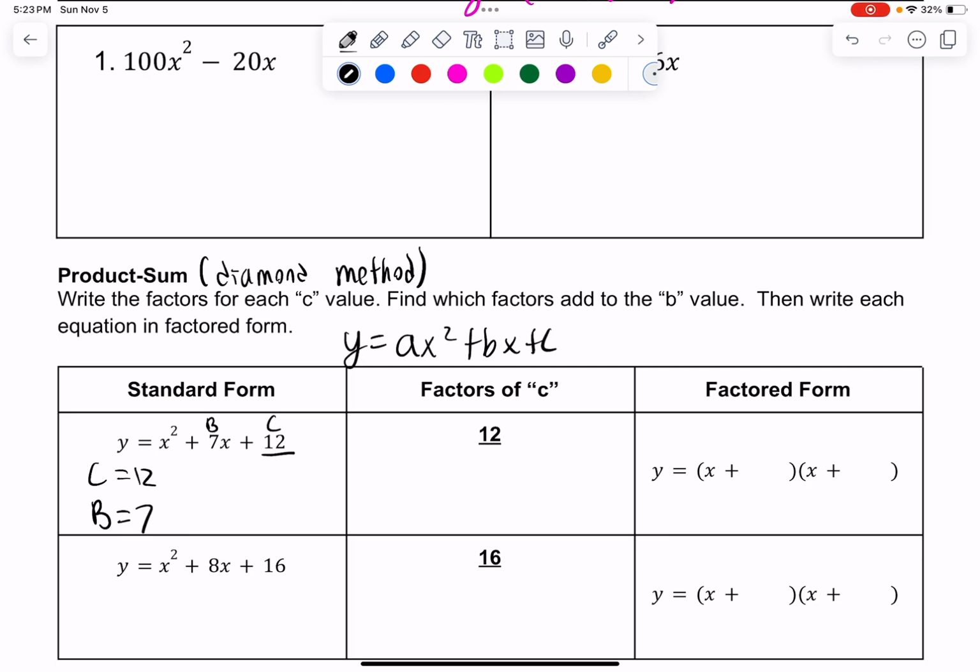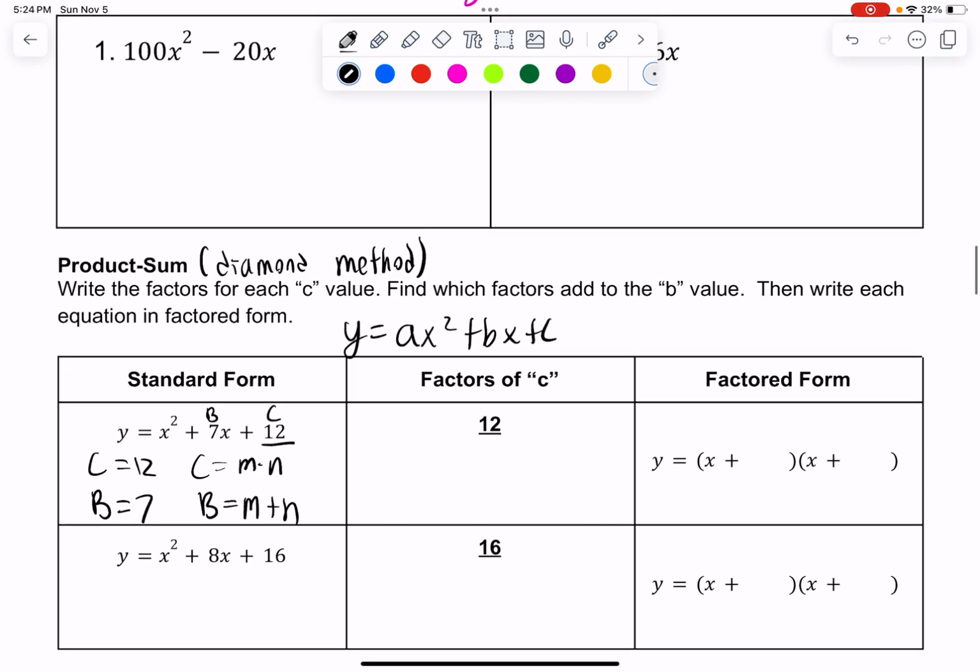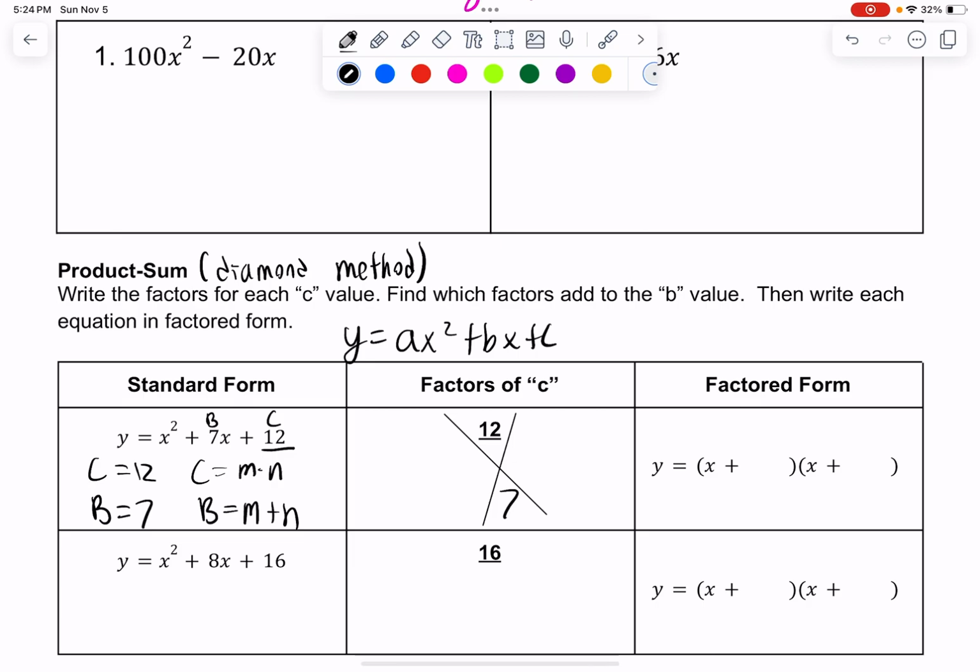We are looking for what two numbers multiply to C, but add to B? So we use this little diamond method where we ask, what two numbers multiply to 12, but add to 7?